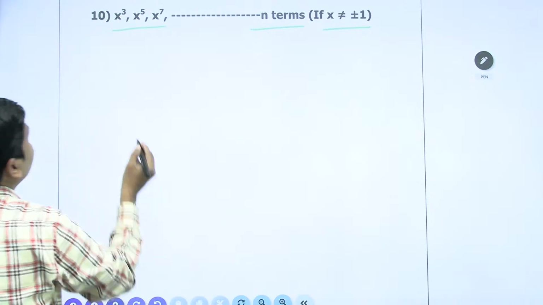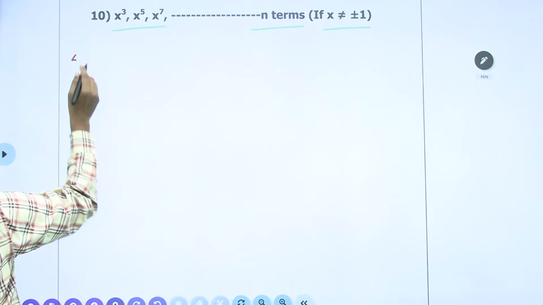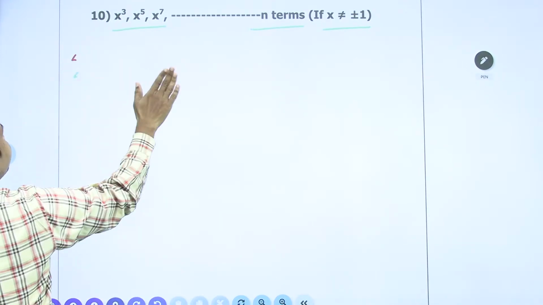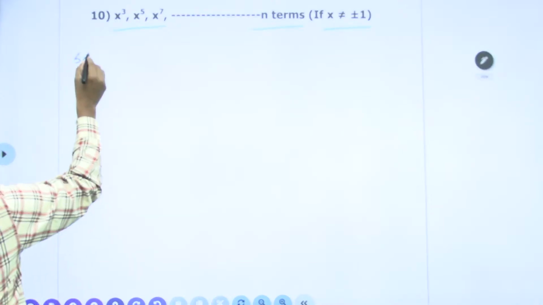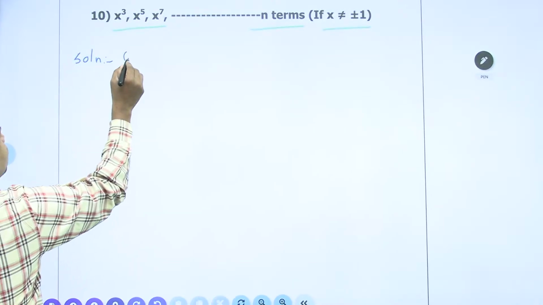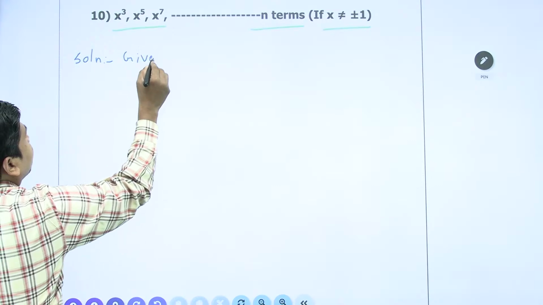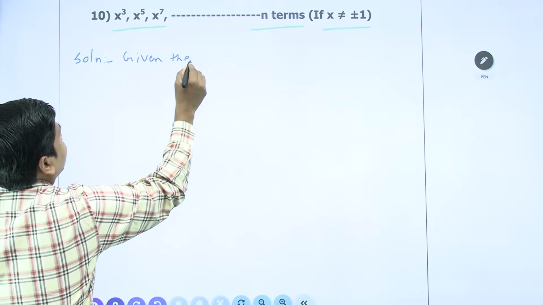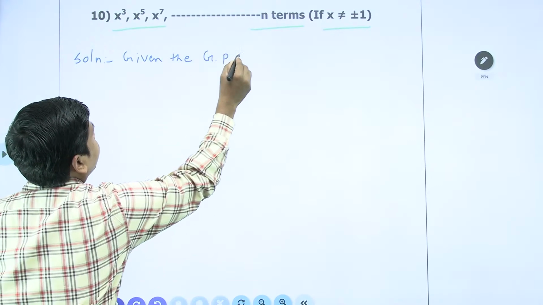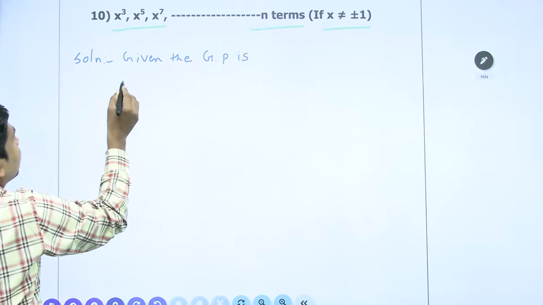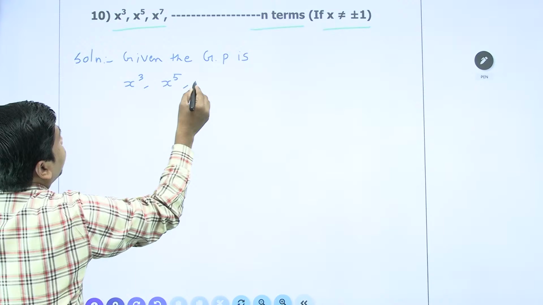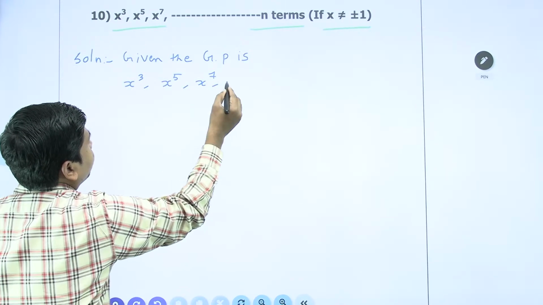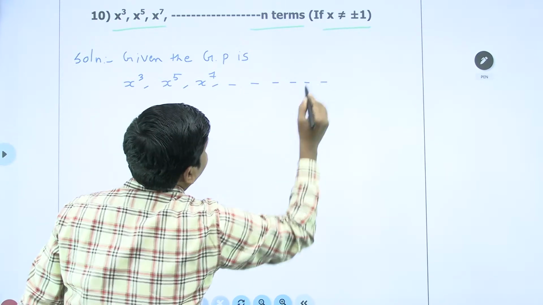Given the GP is x cube, x power 5, x power 7 and so on.